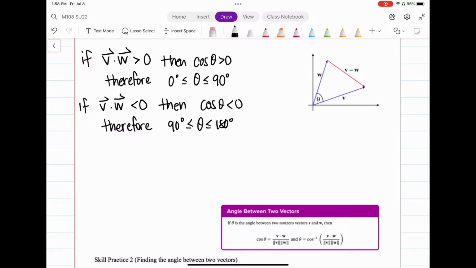If the dot product of vector v and vector w is equal to 0, then the cosine of theta is also equal to 0, which happens when theta is equal to 90 degrees. And if this is true, we say that vectors v and w are orthogonal.